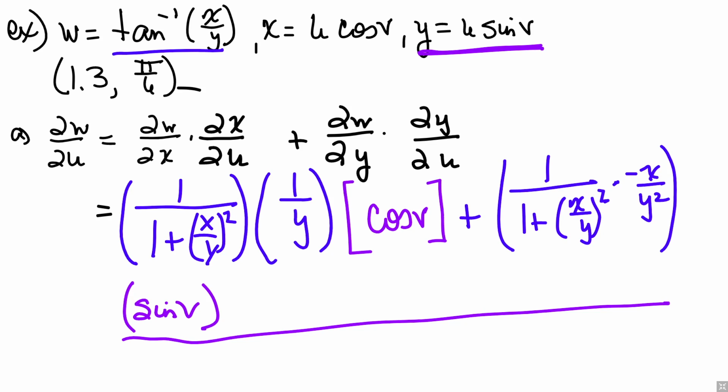All right. So the other portion of this is that I'm going to take the partial of w in respect to v. Now, if I write the formula out for this, what it's going to tell me to do is I'm going to do the partial of w in respect to what first? In respect to x.